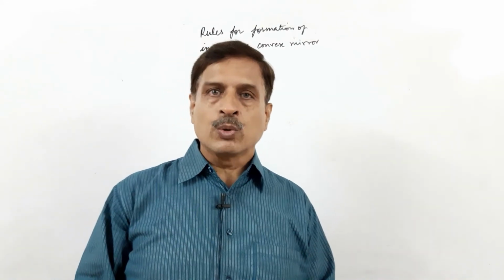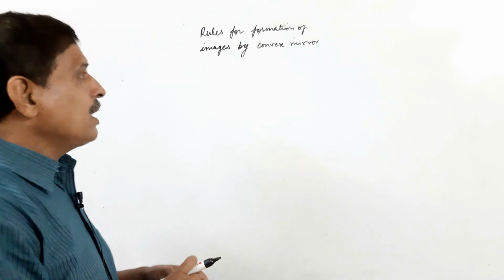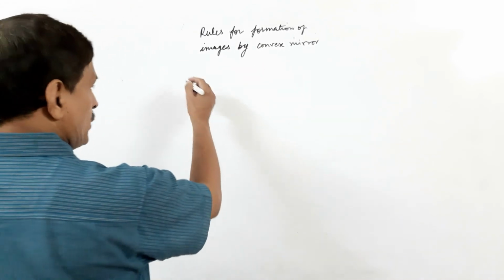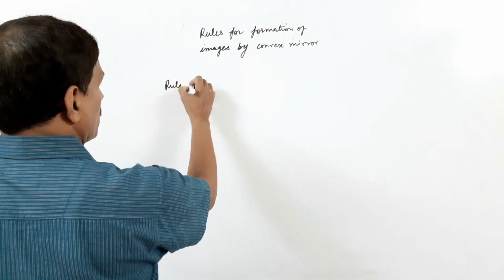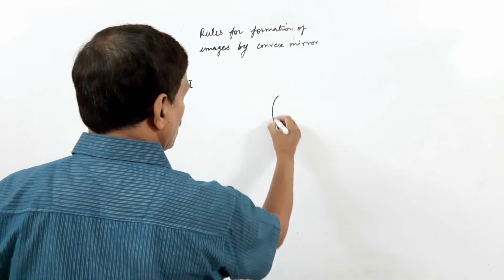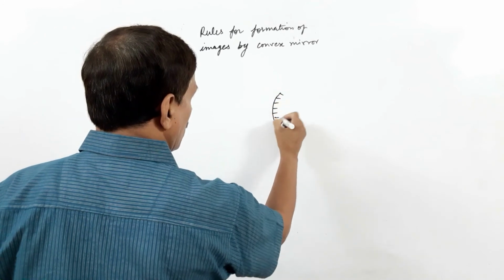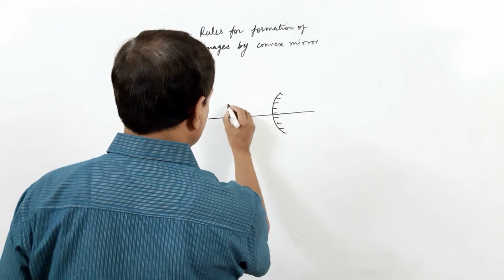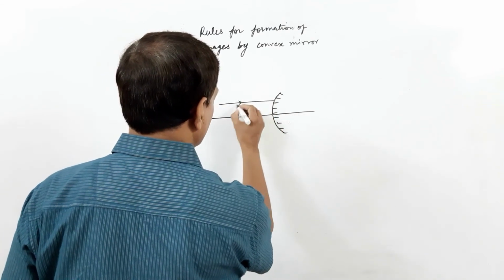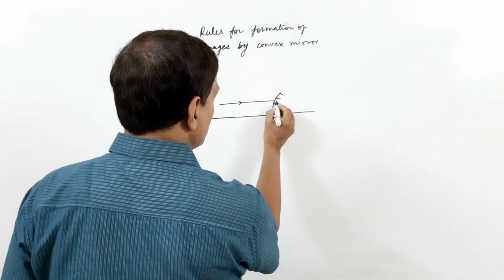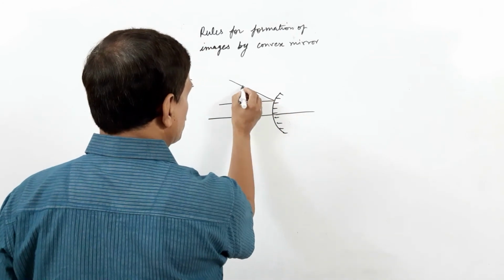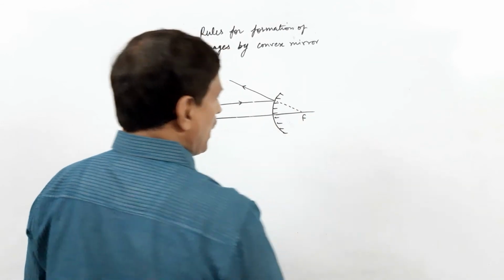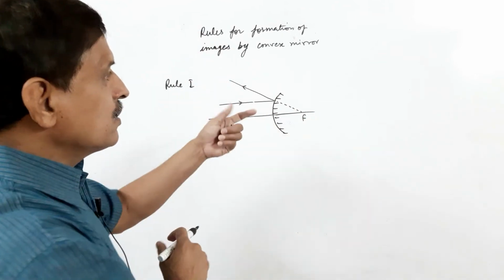Now we will discuss the rules for the formation of images by a convex mirror. First rule, a ray which is parallel to the principal axis after reflection appears to be coming from its focus.